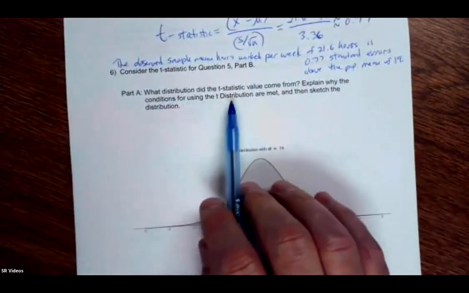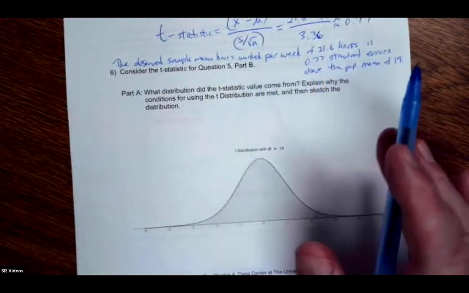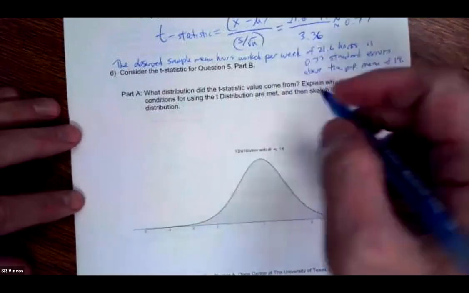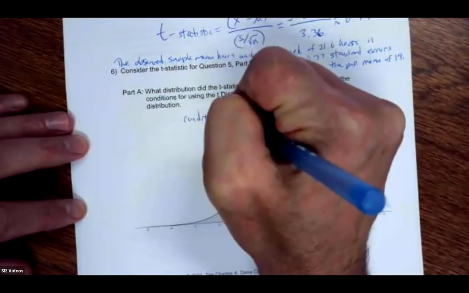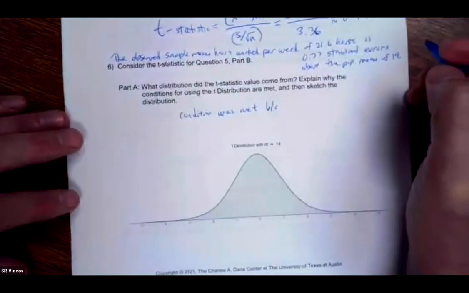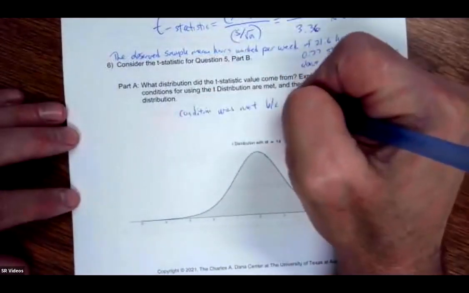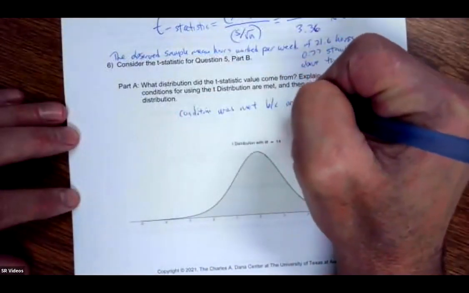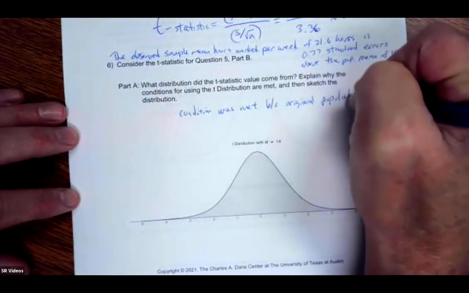The condition is met because the original distribution we observed was somewhat normal. So why is the condition met? Condition was met because we were informed that the original population distribution was normal to begin with.